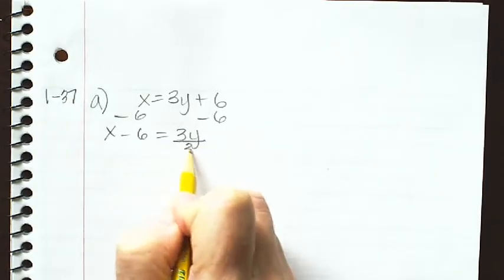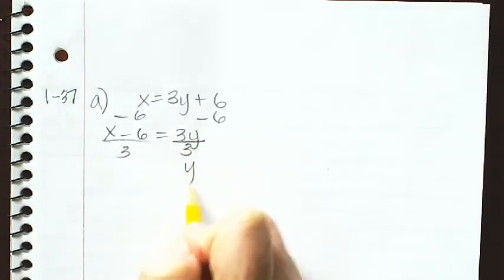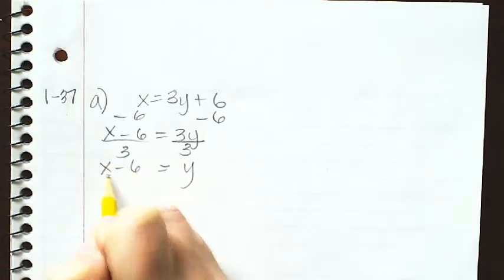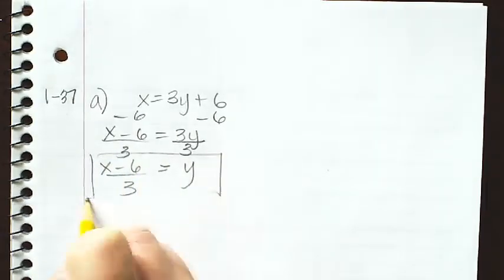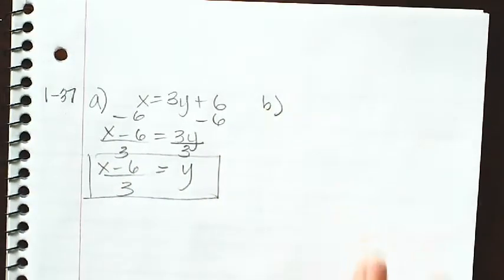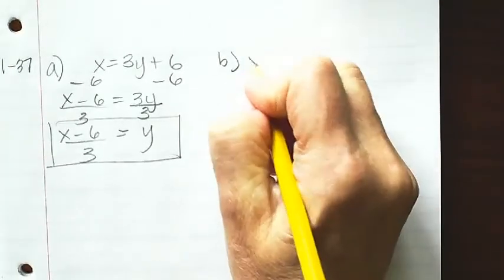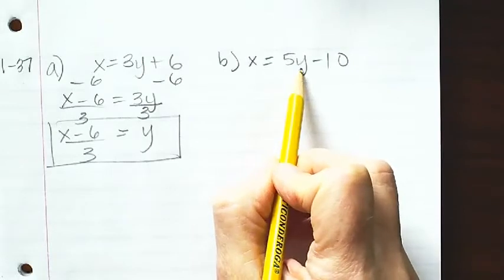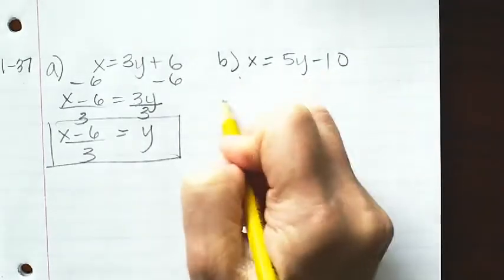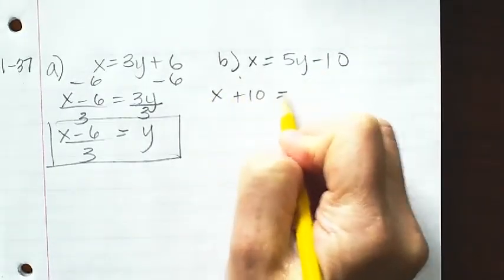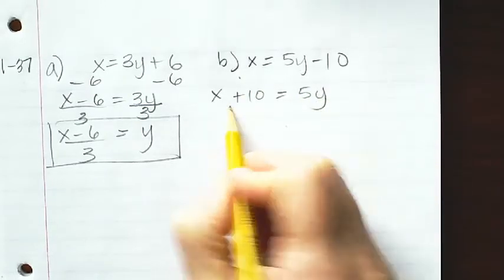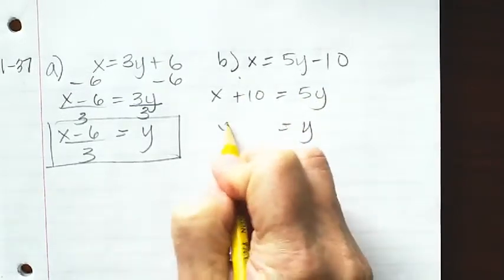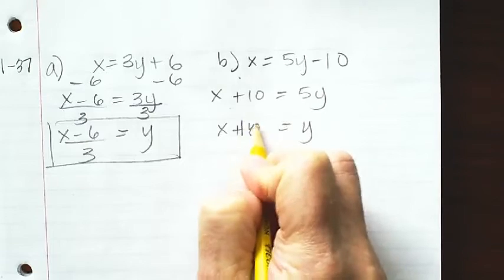Divide both sides by 3. So y equals x minus 6 over 3. Okay, let's get y by itself. Add 10 to both sides. And then just divide by 5.